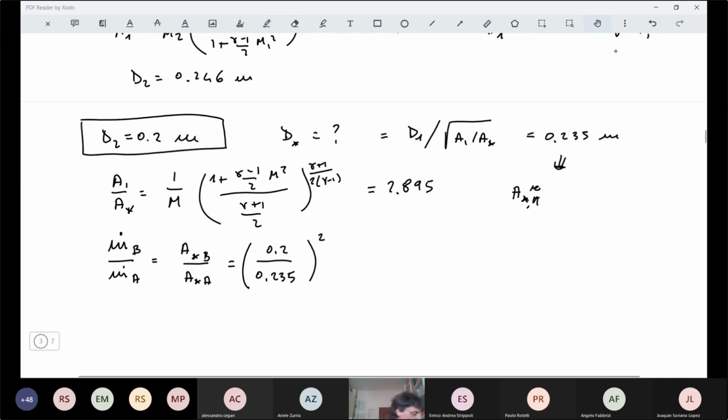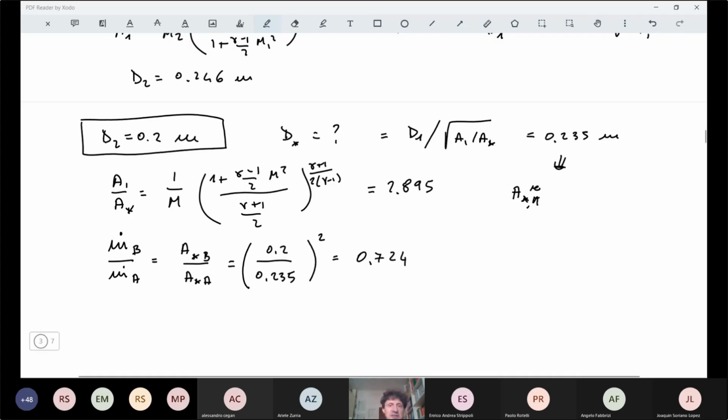And this tells us that the mass flow rate ratio, making this operation with 0.235, is 0.724.